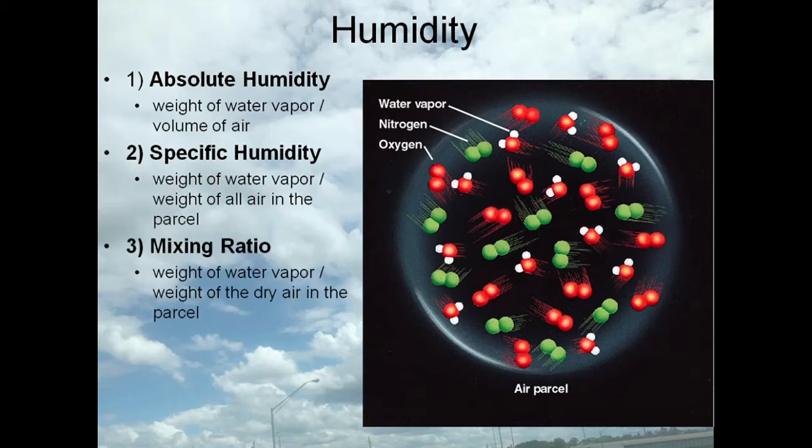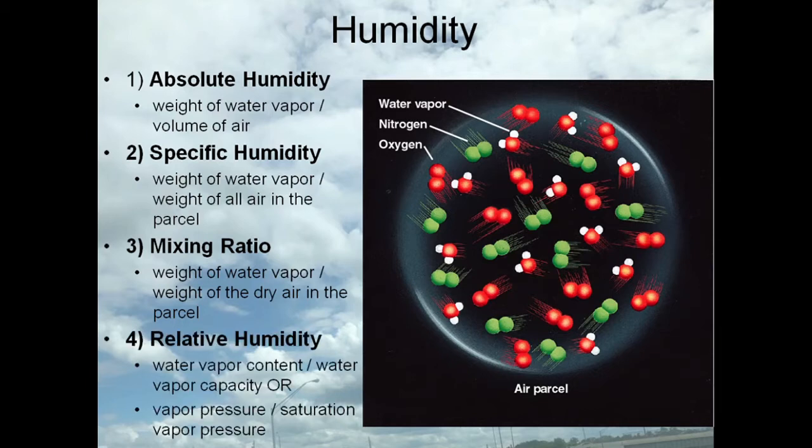The mixing ratio is the weight of the water vapor to the weight of the dry air in the parcel. So you separate the water vapor, and then you separate the dry air, and that percentage would be the mixing ratio. And then relative humidity, that's what we use, the water vapor content per water vapor capacity.